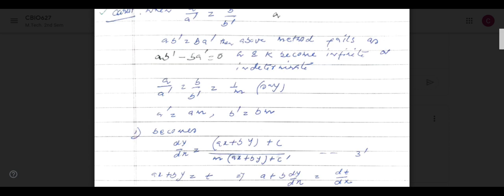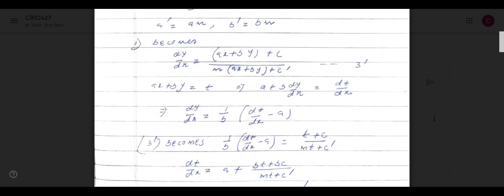Am I correct? So what is dy/dx? a + b dy/dx = dt/dx. Then from this equation, how do you find dy/dx? b dy/dx = dt/dx - a.